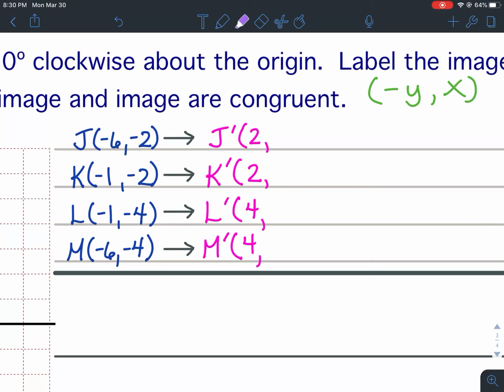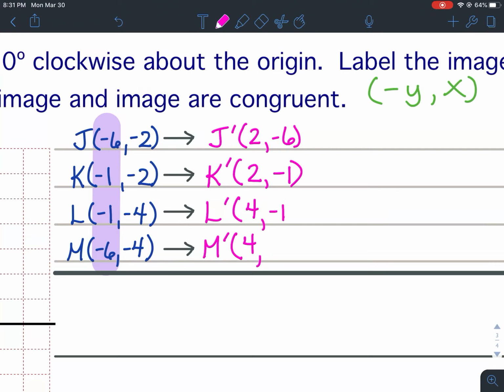Now, it says x because I take my x-coordinates and I'm not changing them. There's not a negative sign in front of the x. It's not the opposite. It's the exact same numbers. So if the x was negative 6 for J, then the y-coordinate becomes negative 6 for J prime. For K, it was negative 1, so it stays negative 1.